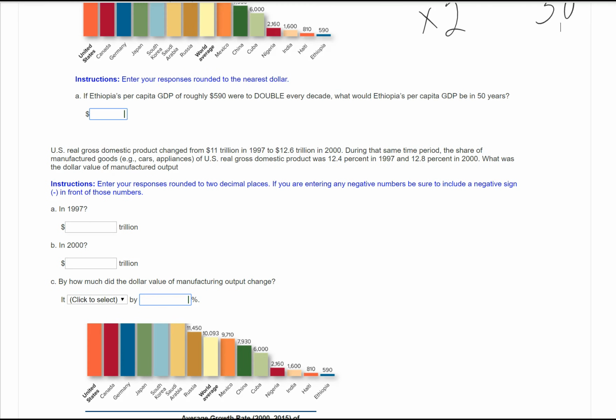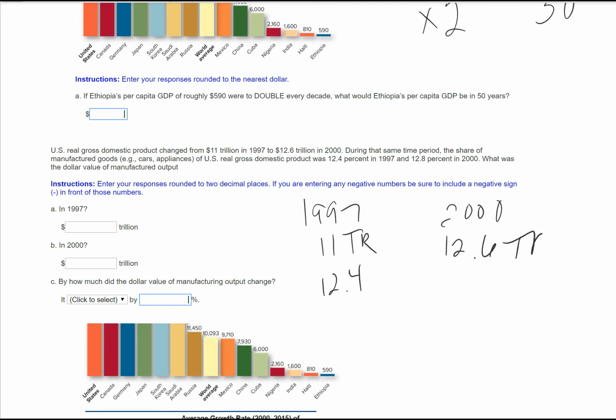So you're going to just start by getting some information from the problem. You've got in 1997, and I would just do it like this to keep it kind of clean, $11 trillion of GDP, and the manufacturing portion of that was 12.4%. And then in 2000, your GDP was 12.6 trillion, and your manufacturing portion of that was 12.8%. So now I think it becomes easier to see how this is all going to work together.